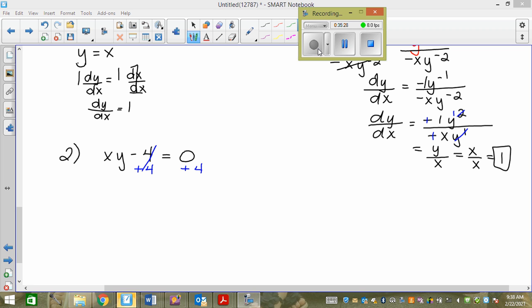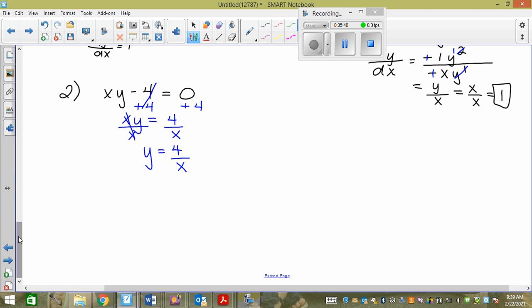So I'm going to add 4 over. And I'm going to get xy equals 4. Then I'm going to divide by x. And I get y equals 4 over x. And then some people do quotient rule. But I know that whenever I have a monomial in my denominator, I can bring it up to a negative exponent. I do power rule in this case, because the top is just a number.